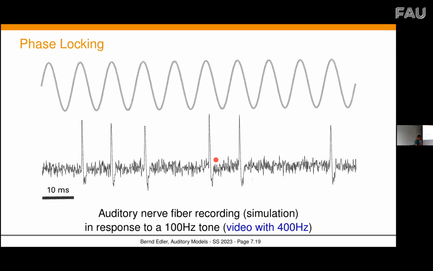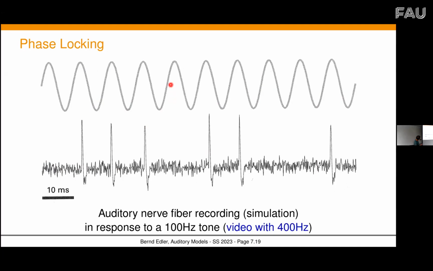It means if we have a relatively low frequency tone, which is just a sinusoidal pressure variation, and if that is fed to the auditory system and the spikes are measured on one nerve fiber, we can observe that the firing is always at the same phase position within the vibration.